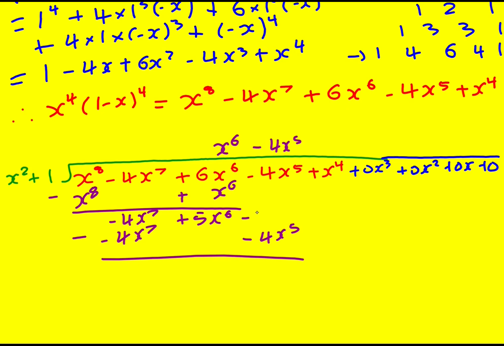Okay, I need to also bring this one down. Then these will cancel. I'll be left with 5x to the 6. These also cancel. Then it'll be plus 5x to the 4.